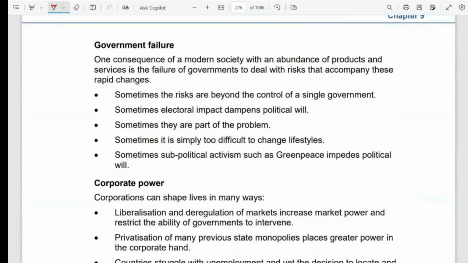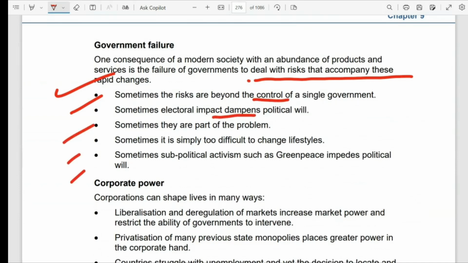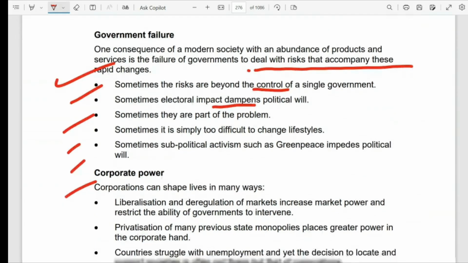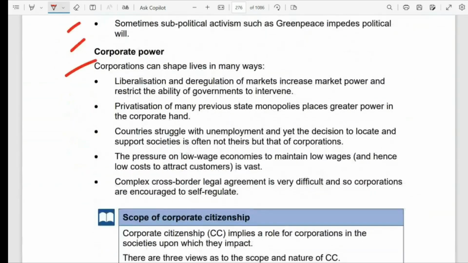This is government failure, the consequences of modern society with an abundance of products and services, and the failure of government to deal with risk, sometimes risk beyond the control of a single government, sometimes the electoral impact. These are the reading part. Corporate power: how it is affecting the company's growth and development. These are the reading part.